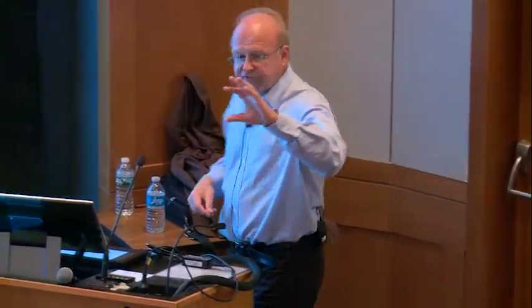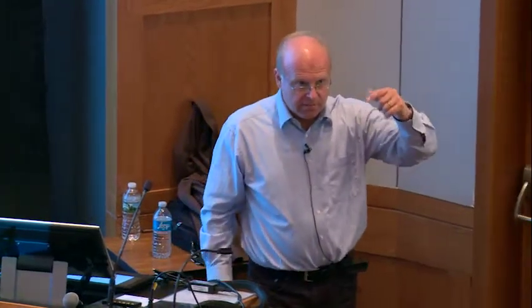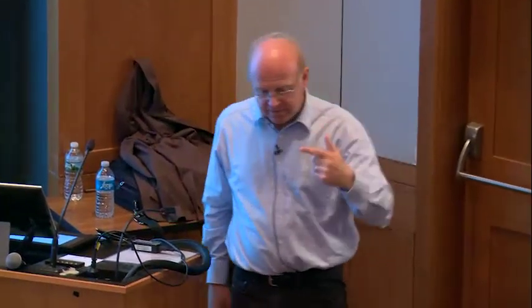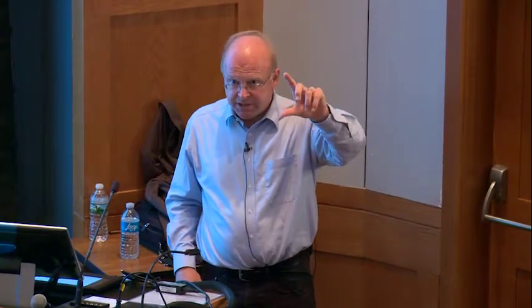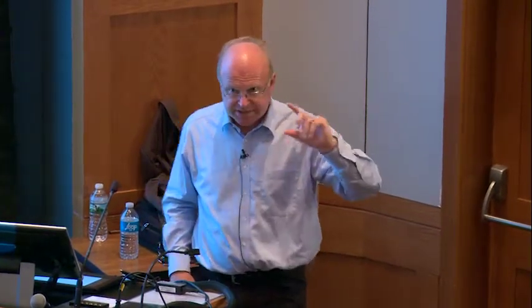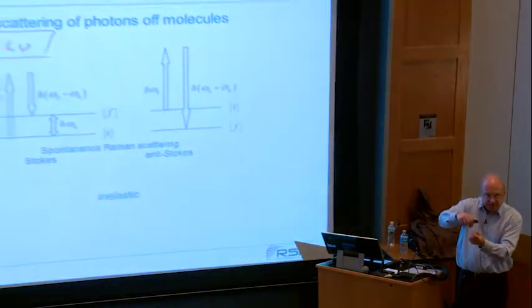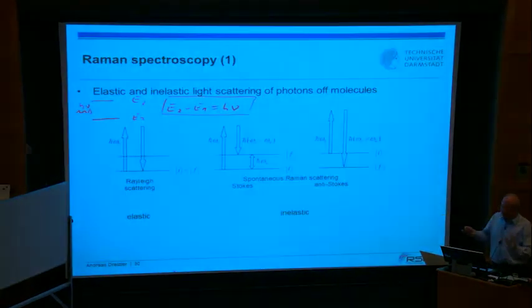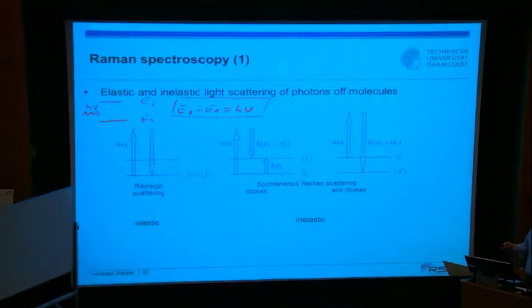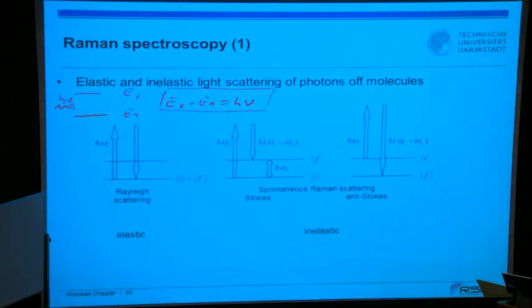And once you have a dipole, positive and negative charges vibrating against each other, this induced polarization itself is a source again for another electromagnetic wave. This can be seen as a scattering process. The wave comes, polarizes, and the molecule is the source of a new wave that goes in certain directions, not isotropically, but with different intensities.